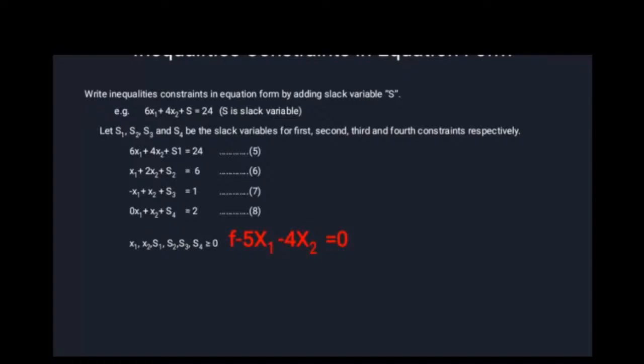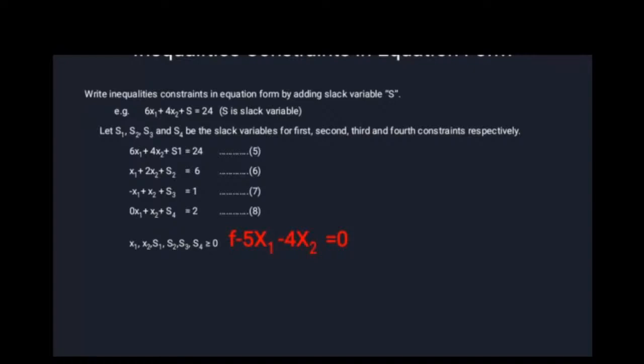We name all of these equations as 5, 6, 7 and add respectively. As we rewrite the objective function, f minus 5x1 minus 4x2 is equal to 0. We move 5x1 plus 4x2 to the left hand side of the equation to make the right hand side of the equation a constant value.